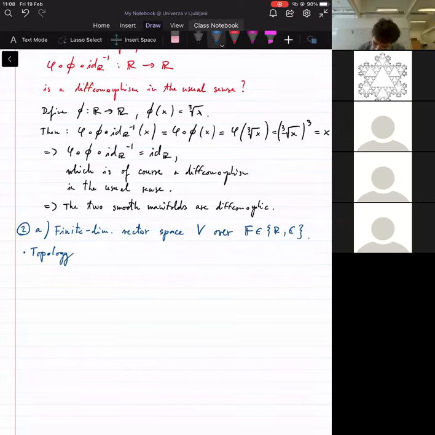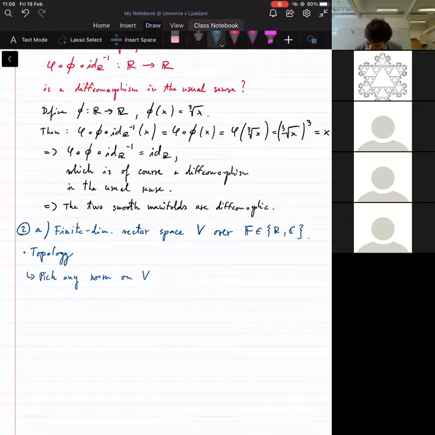Exactly. So we pick any norm. I'm not even going to denote it because we are not going to use it. So we pick any norm on V. One should, of course, have the conception of what a norm on a vector space is. So we pick a norm.